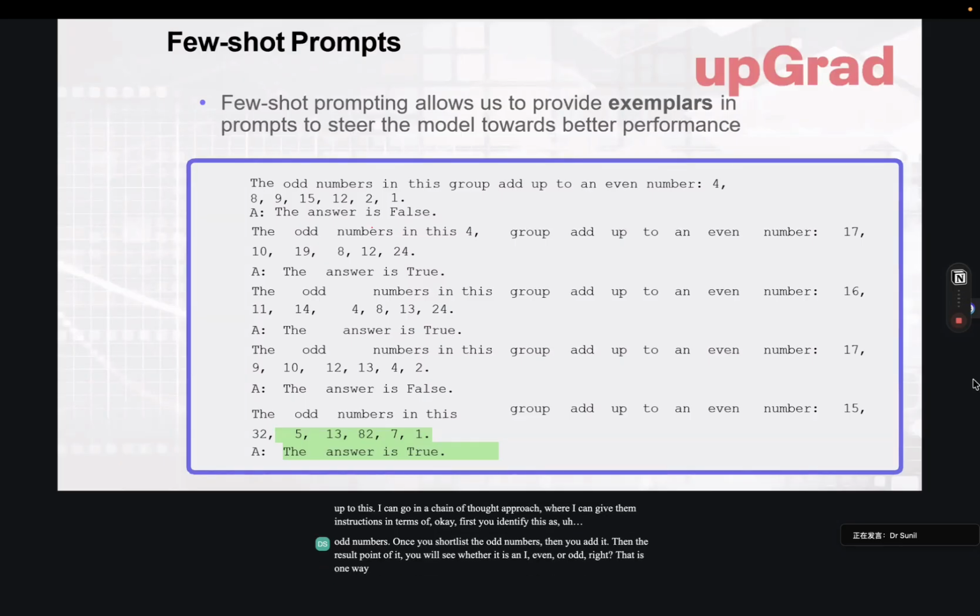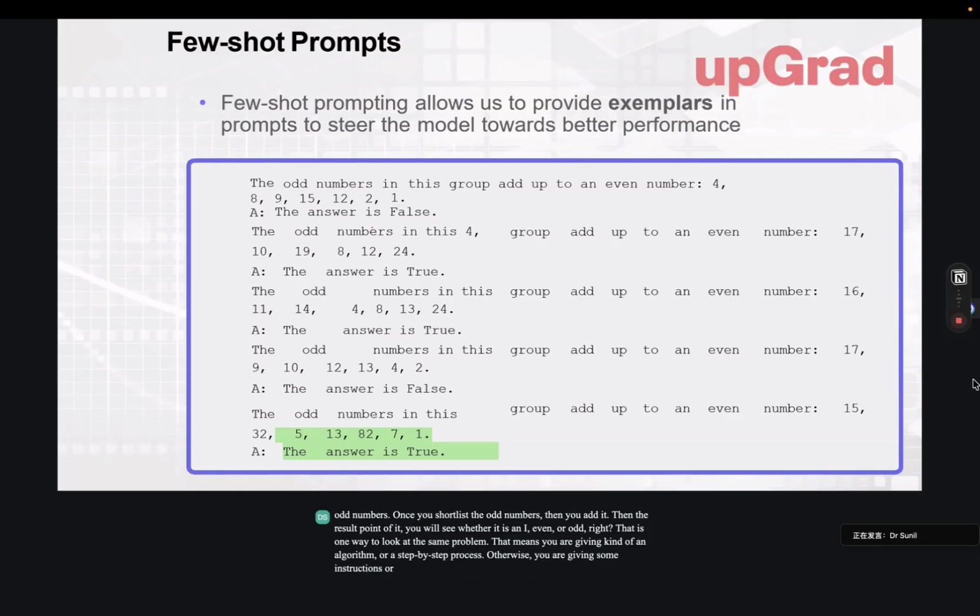That is one way to look at the same problem. That means you are giving an algorithm or a step-by-step process. Otherwise, you are giving an example: the odd numbers in this group, 4, add up to this even number, then is it true or false, like that.